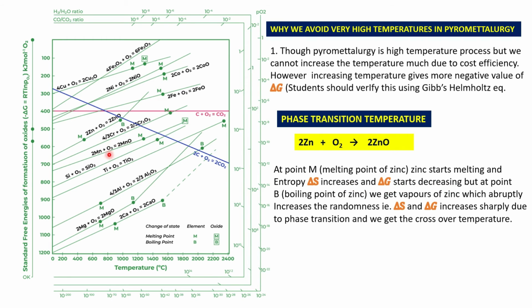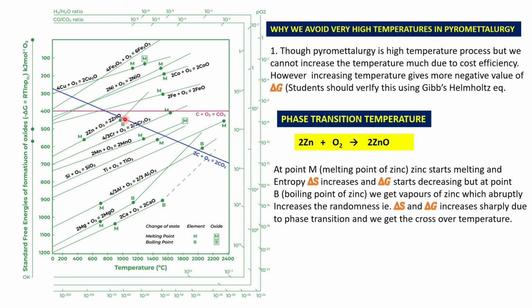But if you come to point B, which is the boiling point of zinc, we get vapors of zinc which abruptly increase the randomness, that is delta S. And delta G increases sharply due to this phase transition, and we get the crossover temperature.